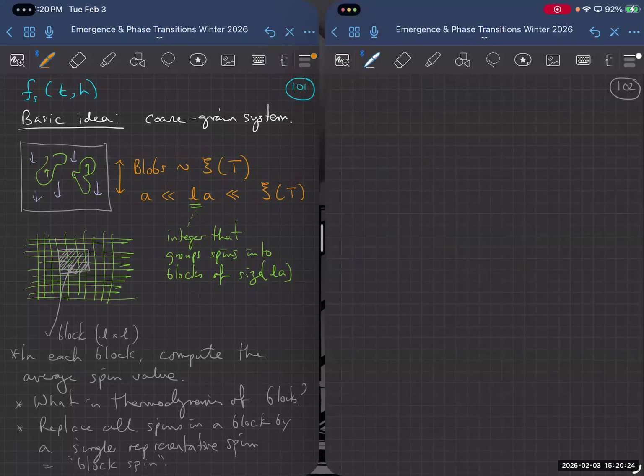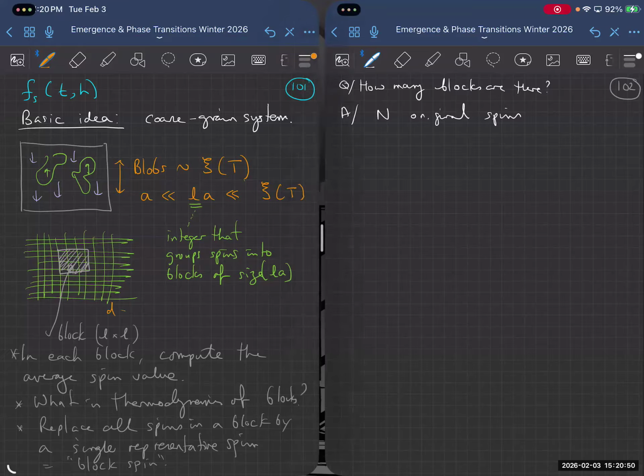So what we're going to do is say, well, how many blocks are there? Our answer is the following. I've got n original spins. I'm supposedly in d dimensions, although over here I've just drawn 2. So how many blocks are there?